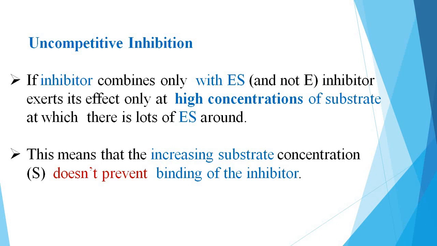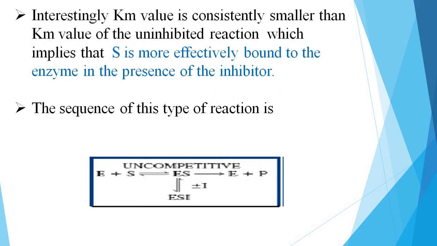This means that increasing substrate concentration doesn't prevent the binding of the inhibitor. Interestingly, the Km value is consistently smaller than the Km value of the uninhibited reaction, which implies that the substrate is more effectively bound to the enzyme in the presence of the inhibitor.